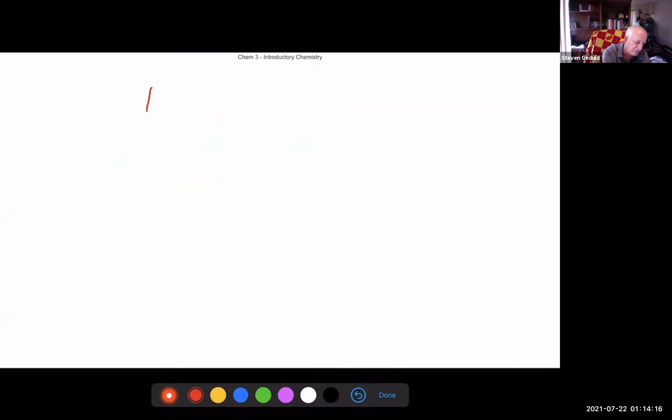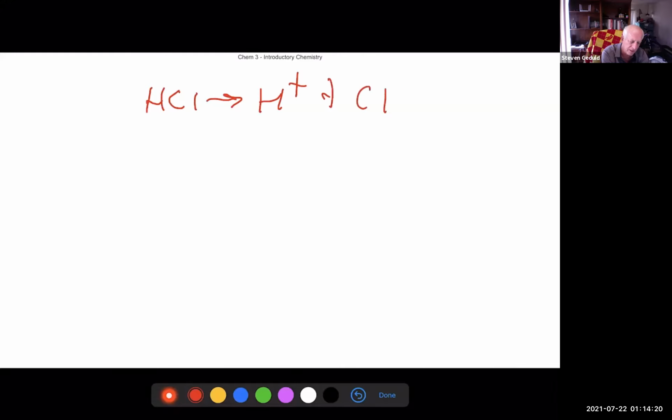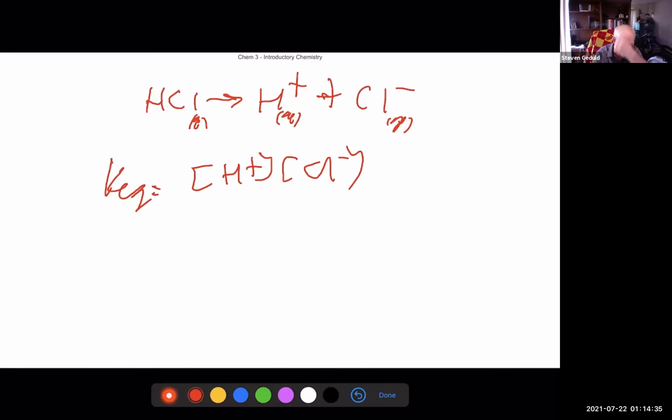So if we had the equation, let's do an easy one at first. HCl goes to H plus Cl minus. This is aqueous, aqueous, aqueous. K equilibrium for this is going to be the products, H plus, Cl minus, divided by the reactants.